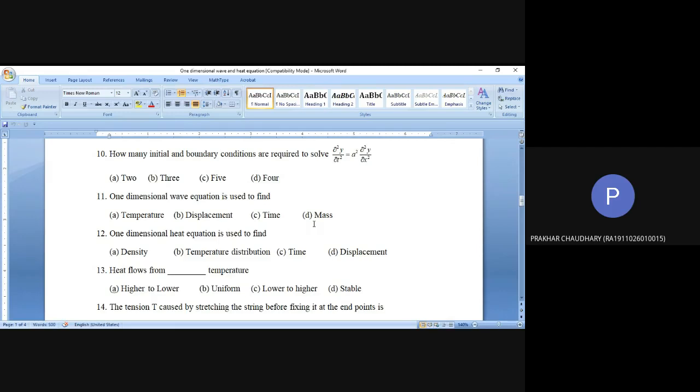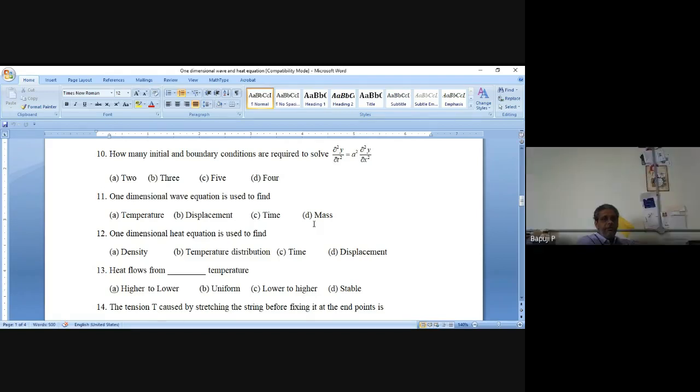A. High to low, sir. Very good. Actually, that is the definition of temperature flow. Temperature always moves from higher to lower. Where is the low? It will go uniform and stay there. Okay.